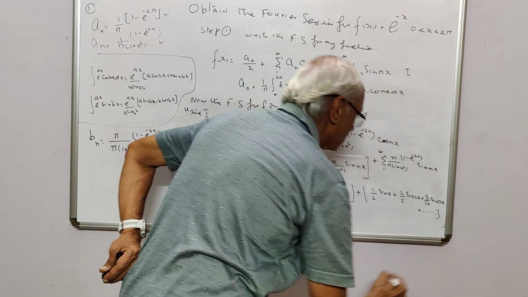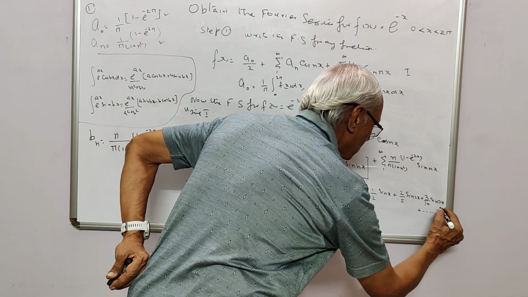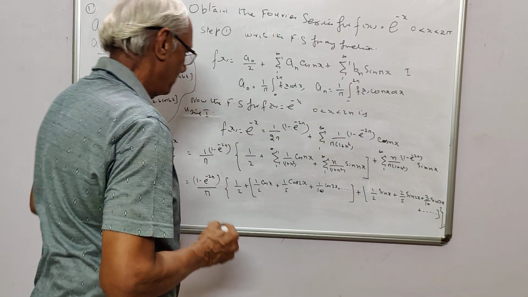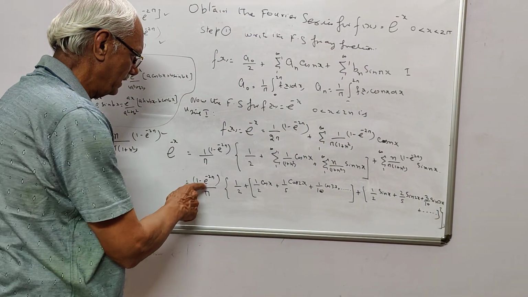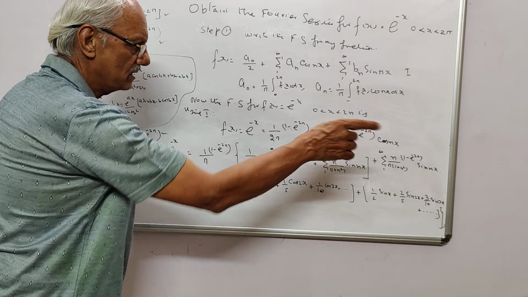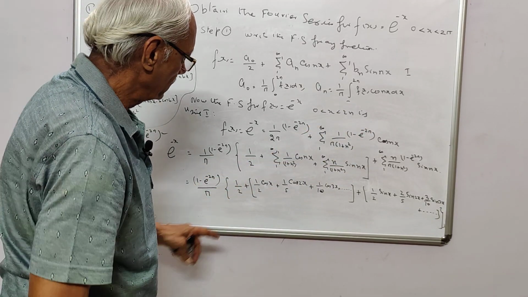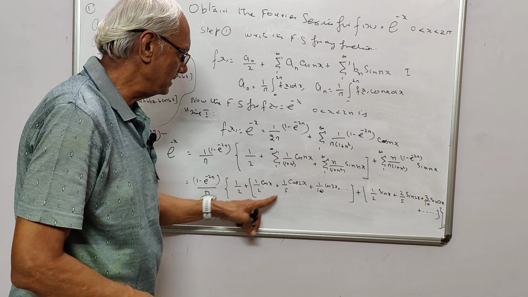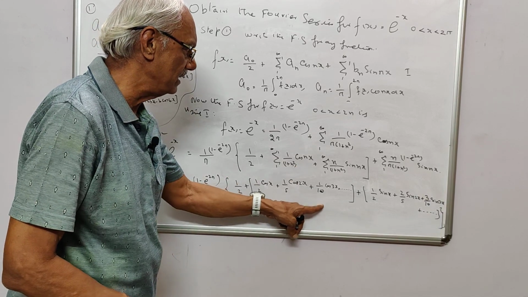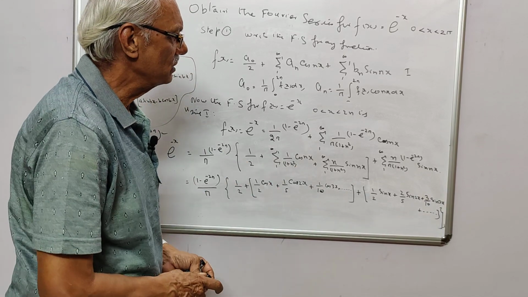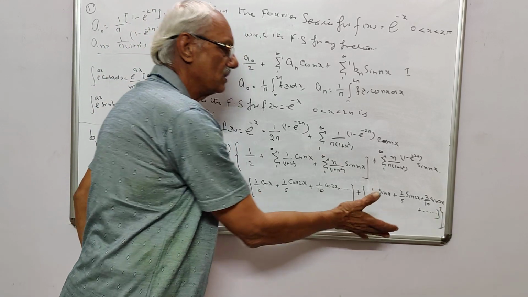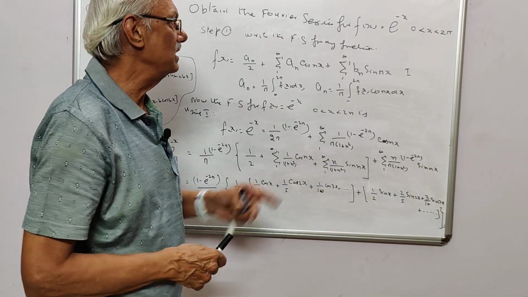So this is what you get, and this bracket, 1 minus e to the power of minus 2 pi by pi, has to multiply all the terms inside. So you see that this is half, plus you expand this, giving at least 3 terms each. So this is the Fourier series of the given function.